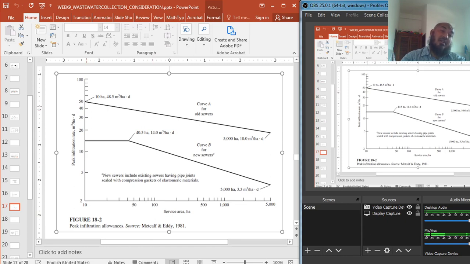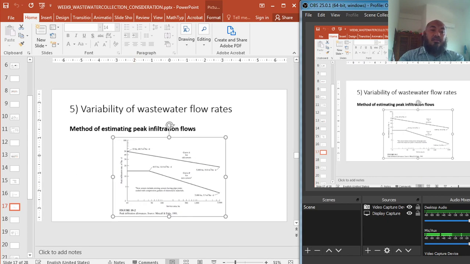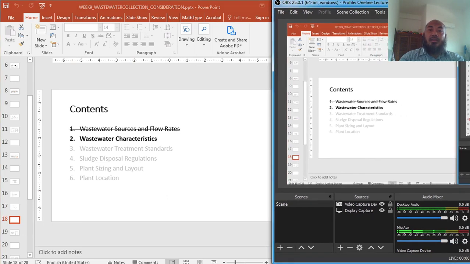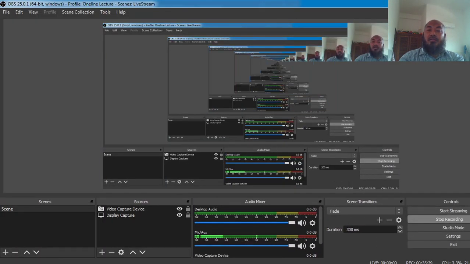This is the peak infiltration rate, cubic meter per hectare per day. All right, we stop for a while, and then we continue with the wastewater characteristics.